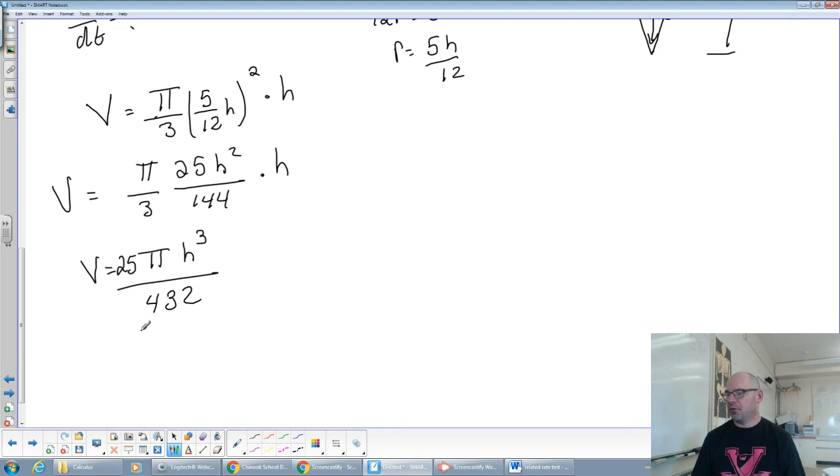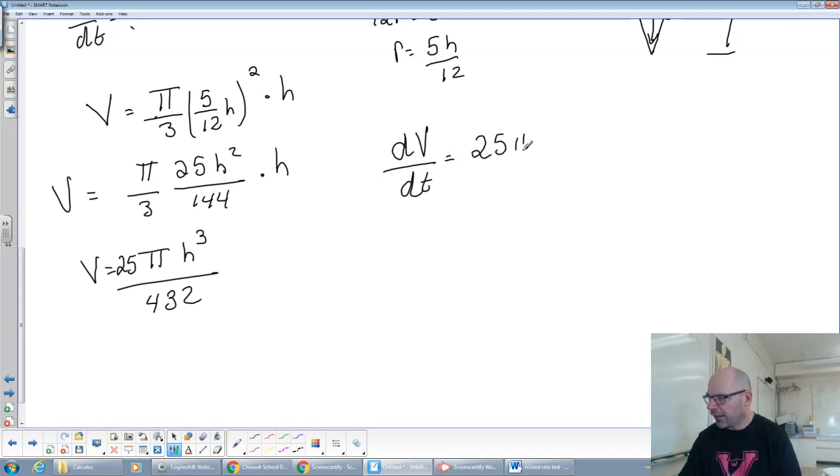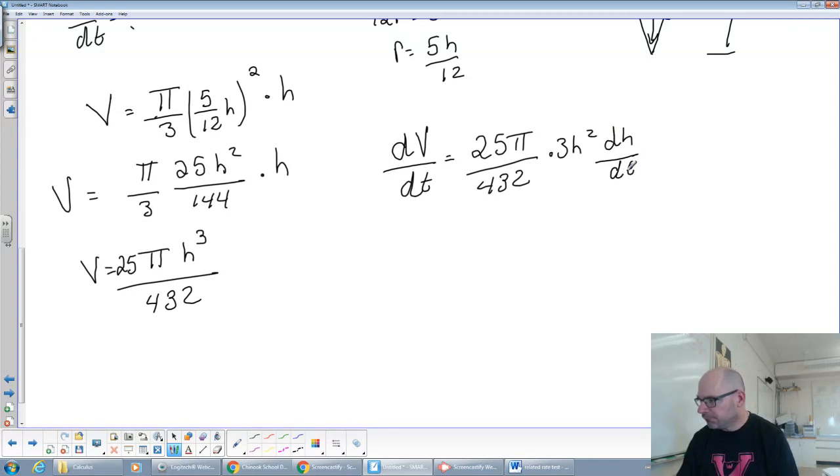Now we've got to do dV/dt. We take the derivatives using differentials. dV/dt equals 25 pi over 432, just taking that number, and then I'm taking the derivative of this, 3 pi h squared dh/dt. Now we've got to do some simplification here.